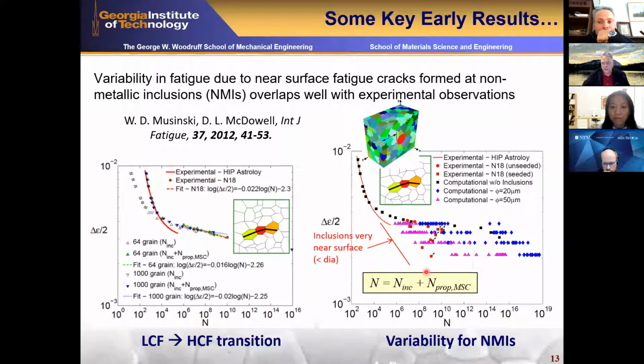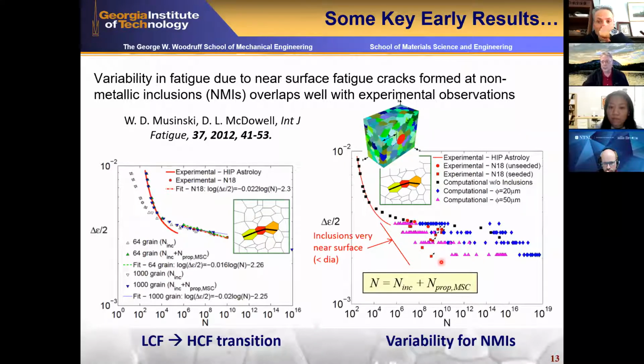Similarly, shown here at lower right, this is work from a nickel-based superalloy, Astroloy, that's seeded and unseeded with non-metallic particles. These non-metallic particles typically have diameters ranging from about 10 microns to 50 microns. When the inclusions are very near the surface, we have the minimum fatigue life, right?